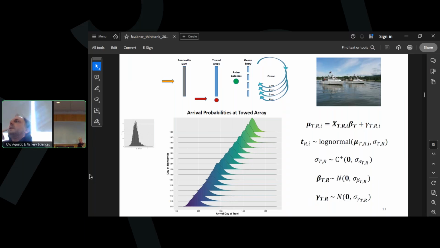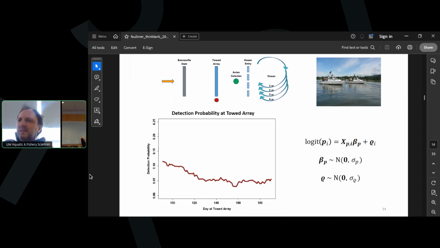This thing depends on year, but not day, because day would be non-identifiable, I would imagine. Yeah, it's a function of year, just to absorb variability that's not explained by the covariates.